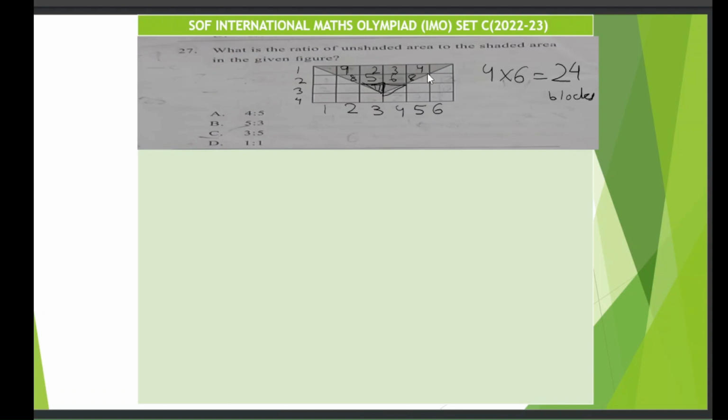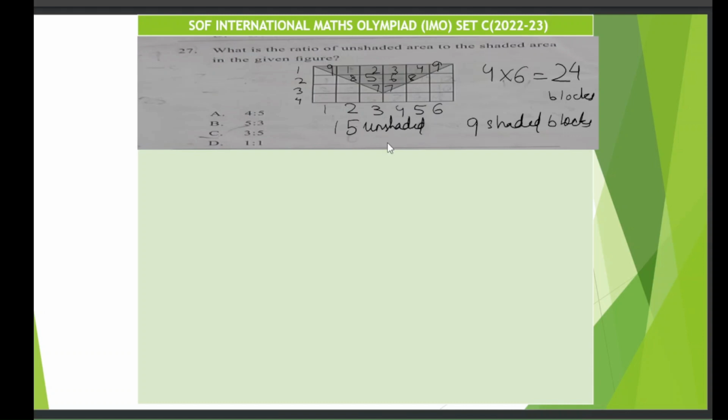And this block here and this block on the right will form the 9th. So the total number of shaded blocks is 9. Similarly, what is unshaded? 24 minus 9, that is 15. So the number of unshaded blocks is 15.